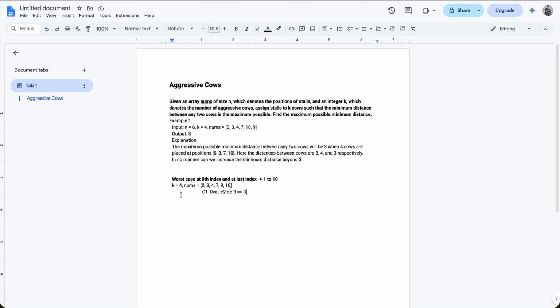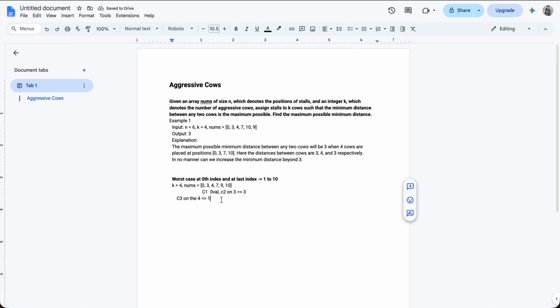We have placed two cows, now we have to place a third cow c3. Let's suppose c3 on the fourth value. The distance between c2 and c3 is 1, which is okay because we are looking for a distance of 1.